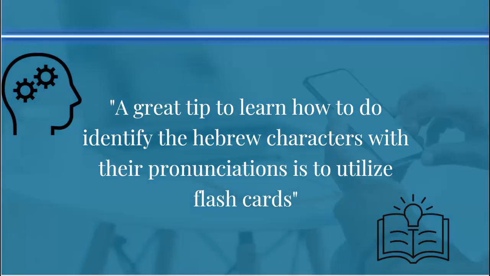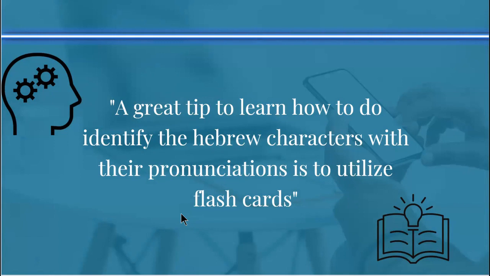Now to end it off, a great tip to learn how to identify the Hebrew characters with their pronunciation is to utilize flashcards. And this is how I learned it. I would write the Hebrew character on one side and write the pronunciation of it on the other side, so I won't peek at the pronunciations. Because the pronunciations you should already have down pat or memorized.